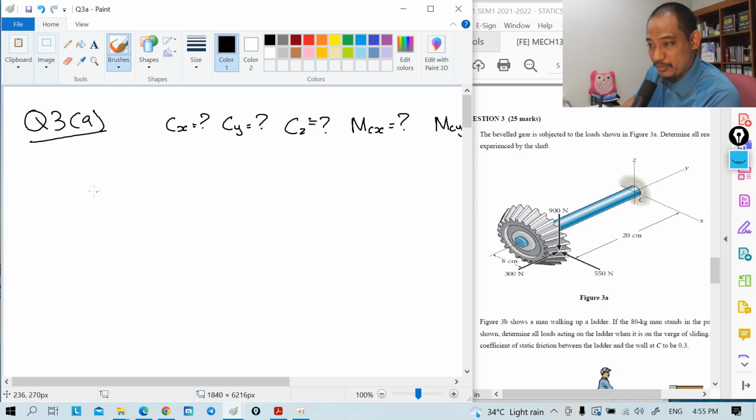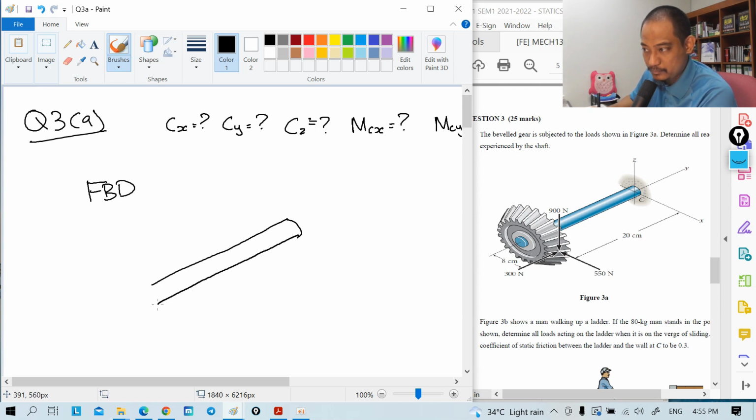Alright, so free body diagram. First, we have the whole thing there, and then we have whatever there, with a certain radius. Let's just simplify the drawing, something like that. And then we have the force along the x-axis. If you look at this line, it's parallel to y, and this line is parallel to x, so it's actually on the plane.